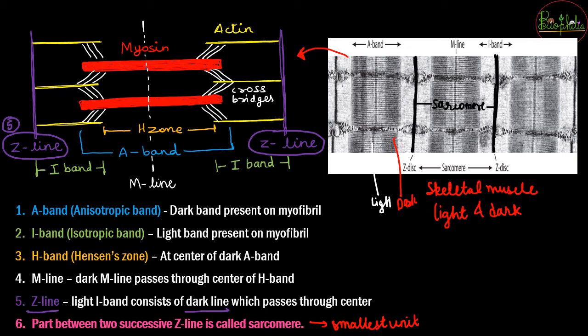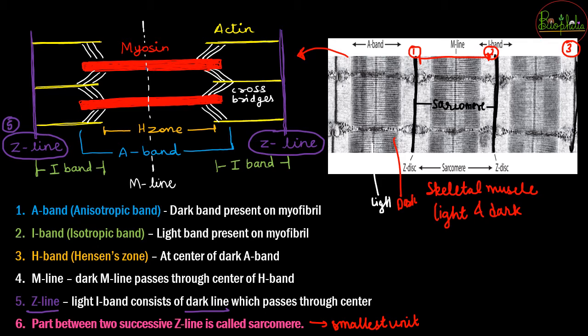The part between the two successive Z lines. So एक Z line यहाँ पे भी है, the first Z line, second Z line यहाँ पे है और third Z line एक यहाँ पे कोने में भी है. But which Z lines are going to be counted for the sarcomere? It is going to be successive, यानी 1 और 2 के बीच के part को ही you will call the sarcomere. So Z line is clear to everyone.